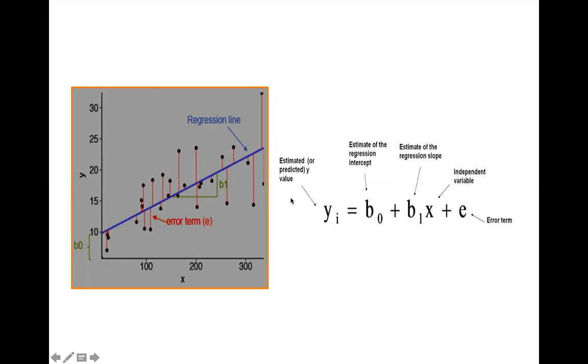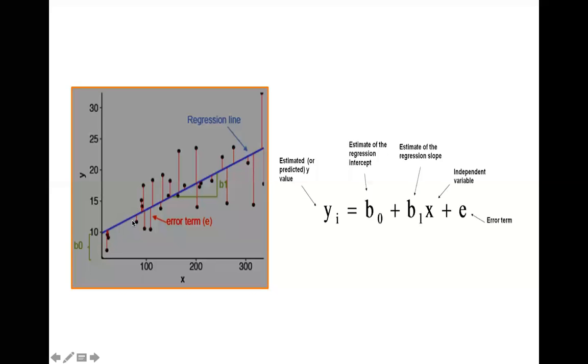B1 is the slope, that is height versus width, and x is the independent variable. And e is the error term. That means the sum of difference between all the data points and the line segment: this point and the line segment, plus this point and the line segment, plus the third point and the line segment, plus the fourth point and the line segment. We aggregate it, or we cumulatively call it the error term.